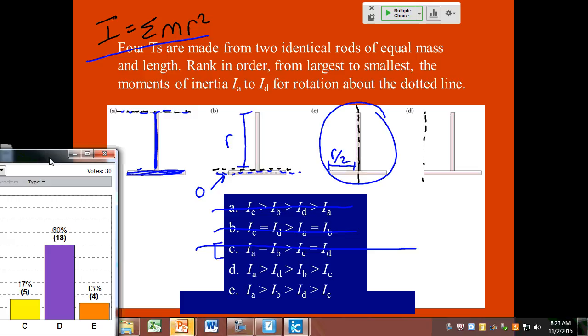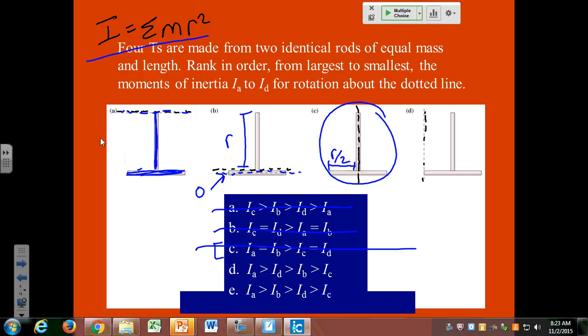And then the question comes out, well, is B bigger than D or is B smaller than D? B is going to be smaller than D. So D will be my next one, and then B. So what was it, from biggest to smallest? I'll put D. Yeah, D is right. So the first, this one has the biggest moment of inertia.